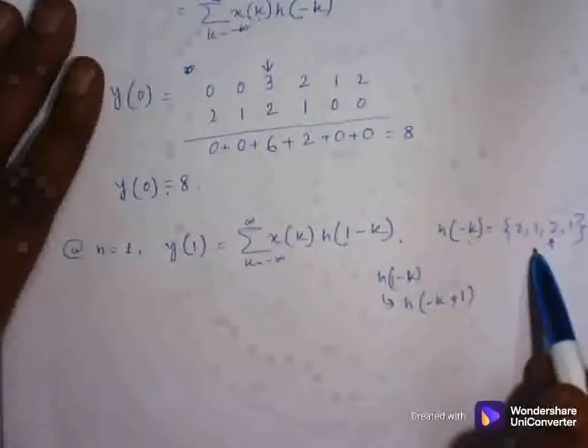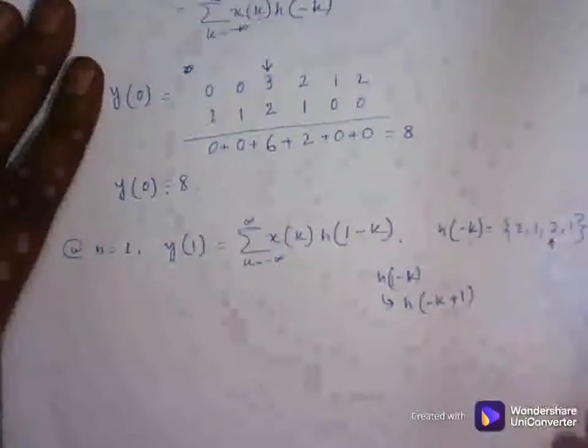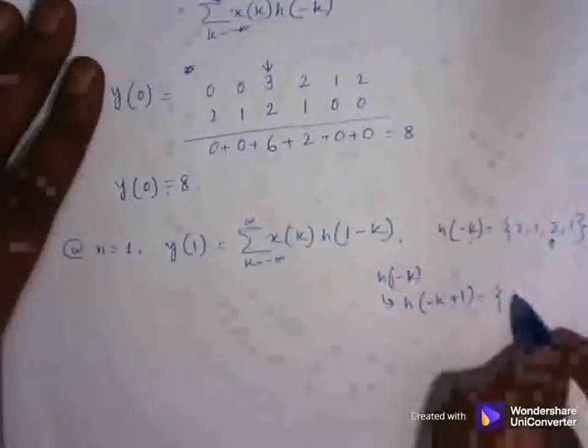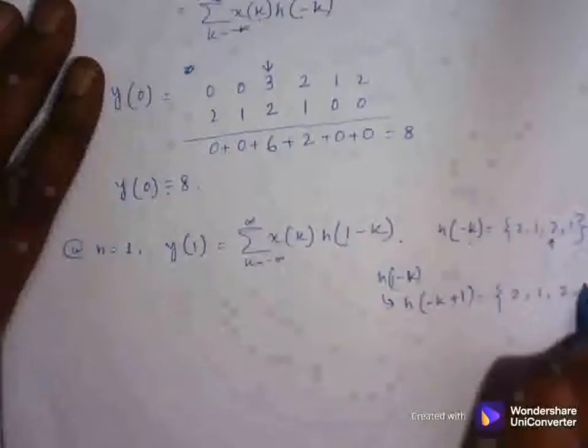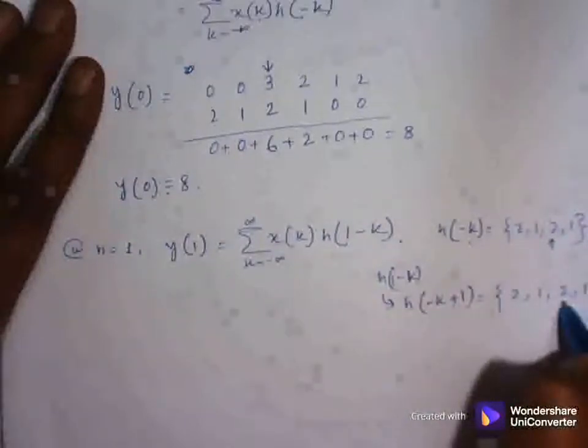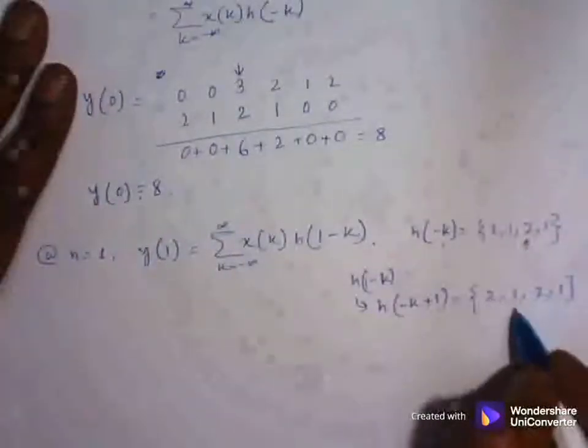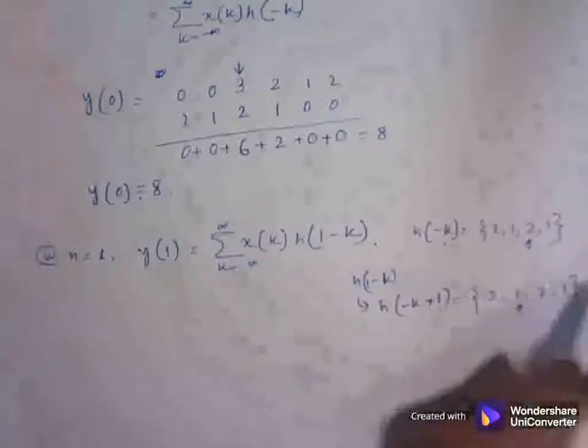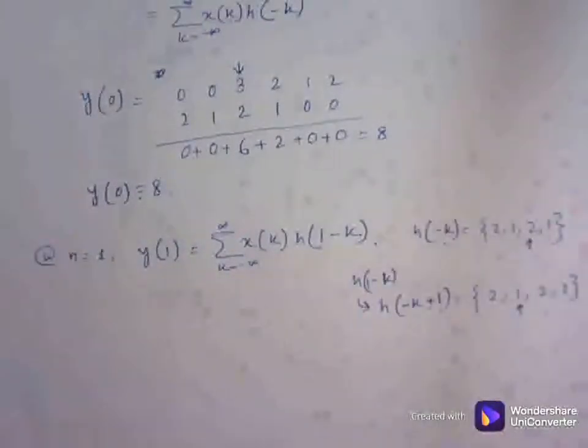So advanced. Okay, so this one is 2 1 2 1, and it will be started from this. Advanced means the arrow will be moved to the left hand side, and minus means the arrow will be moved to the right hand side.